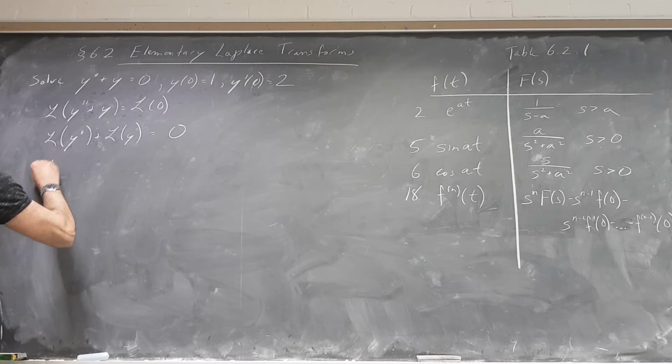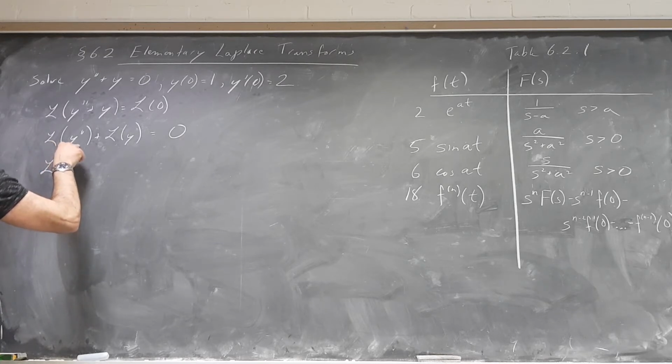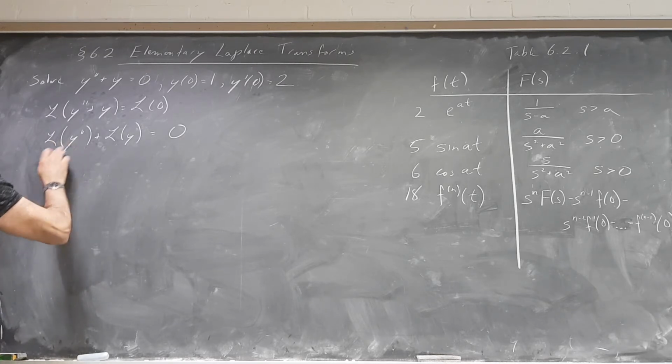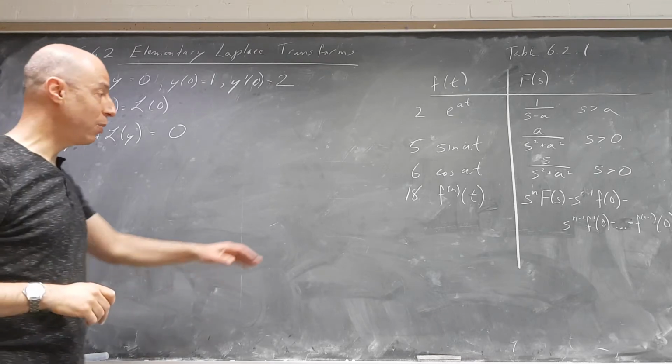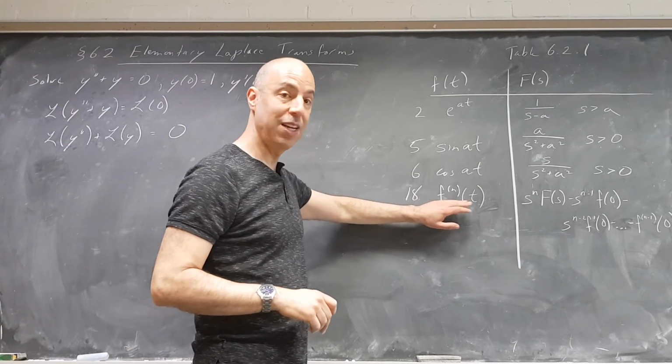So the Laplace transform of y double prime, now we want to take the Laplace transform of y double prime. We go back to rule 18, and we did this last time.